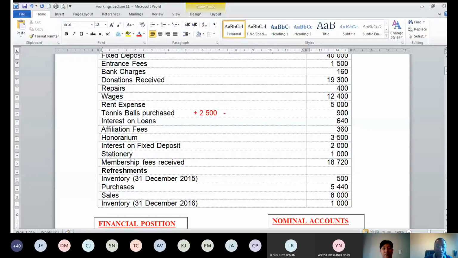And at the end of the financial year, you have still got tennis balls on hand. And your tennis balls on hand, as per adjustment number 2.8, is then the amount of 960 Rand. So if you are going to do your statement of income and expenditure, you must show the expense for tennis balls. It will be 2,500 plus the 900 minus the 960 Rand. Okay, that is then your amount of tennis balls.